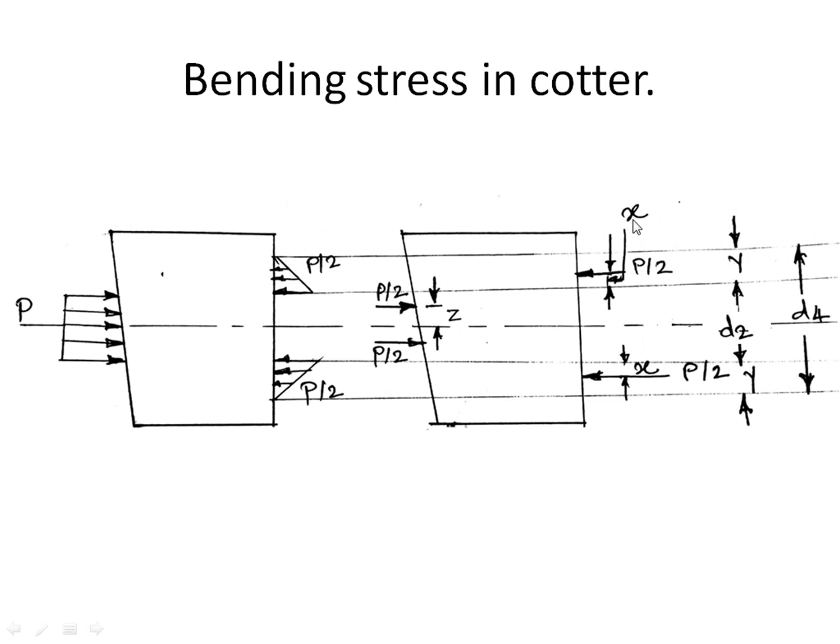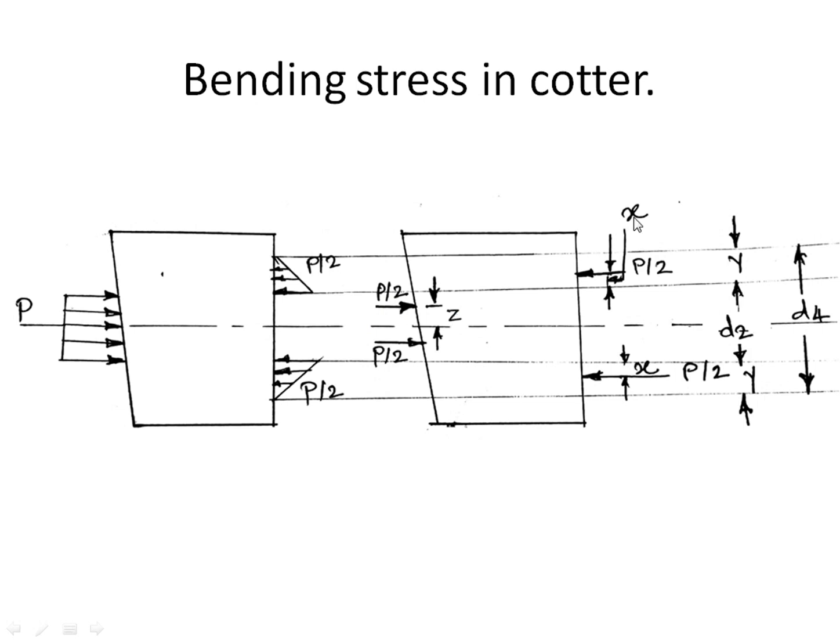Therefore, the value of x will be d4 minus d2 divided by 6. And if we take the moment in the left portion of cotter, then the moment of forces will be P by 2 into z. Therefore, the total bending moment acting on the cotter will be M is equal to P by 2 into d2 by 2 plus x minus P by 2 into small z.